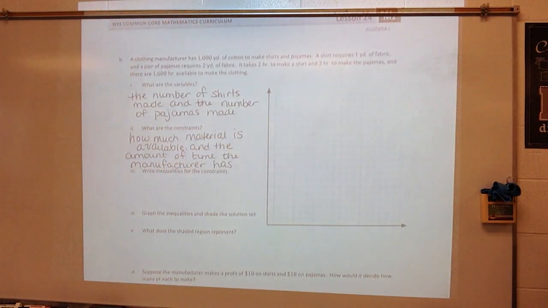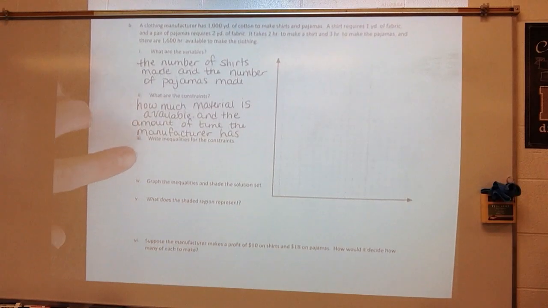Okay, those are my constraints. Now, because those are constraints, we are not going to be dealing with an equation here. We're going to be dealing with an inequality. All right, so write inequalities for those constraints.